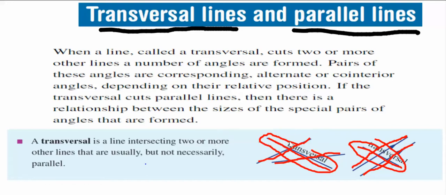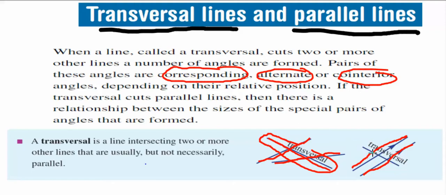Now the lines that the transversal goes through don't have to be parallel. But if they're not parallel, the only way you get these particular types of angles, which I'm going to talk about more in a minute, is when the lines are parallel. You usually tell these lines are parallel because they have arrows on them, and that says they are parallel, which means they'll never cross.